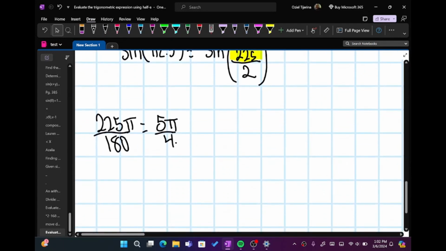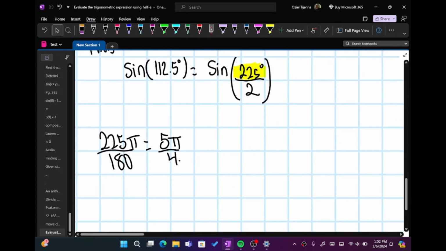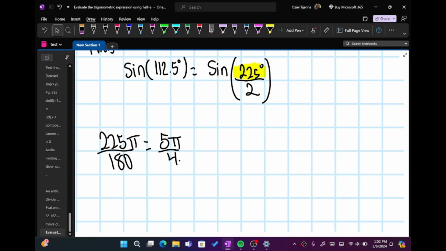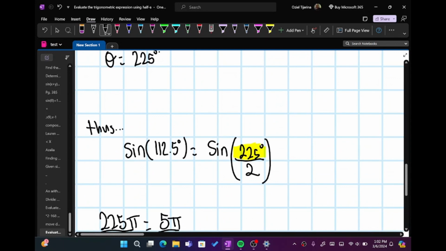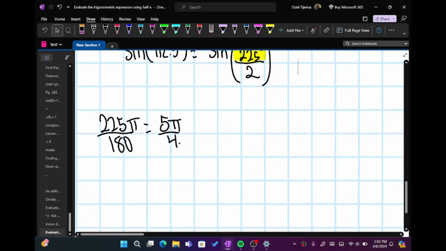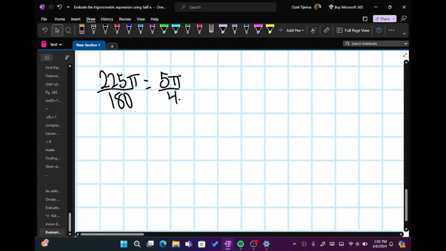Now, this is only if you don't remember your sine, cosine, and tangent values in terms of degrees. For me personally, I like doing radians, but if you remember them in terms of degrees, you can just keep it as the sine of 225 degrees. I only do this because I personally like working with radians better, but it's up to you. You don't have to do this.